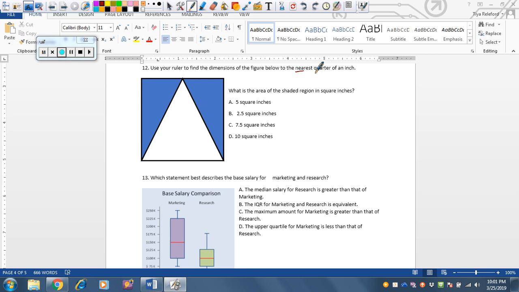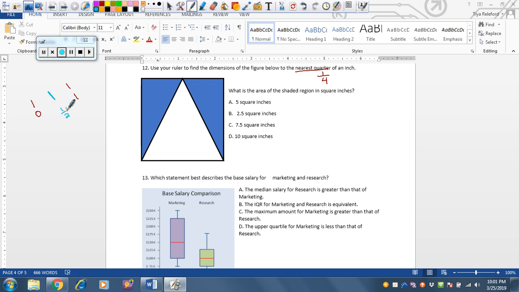Alright, this you're going to have to get your ruler out. Nearest 1/4 of an inch, that is 1/4. So if you look at your ruler, you have all these lines. You have the big one in the middle. That's 1/2.